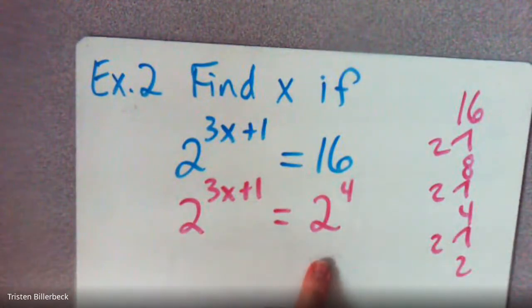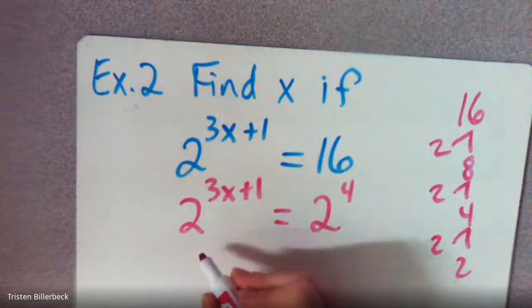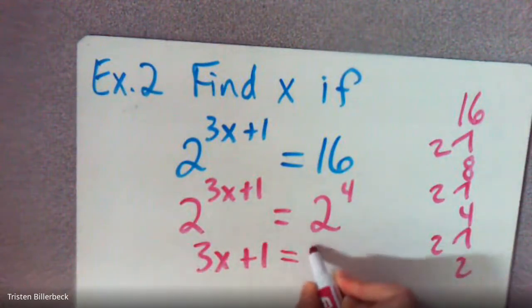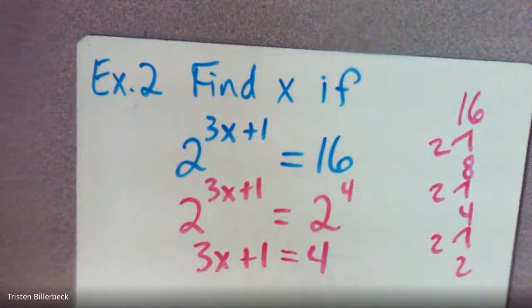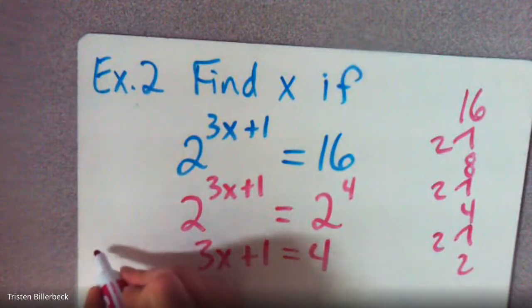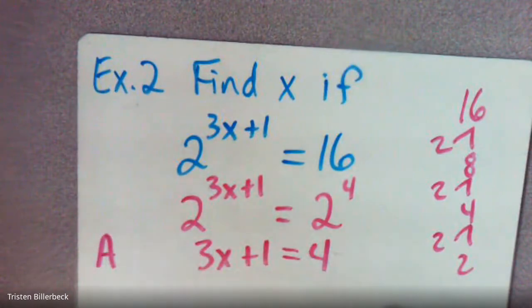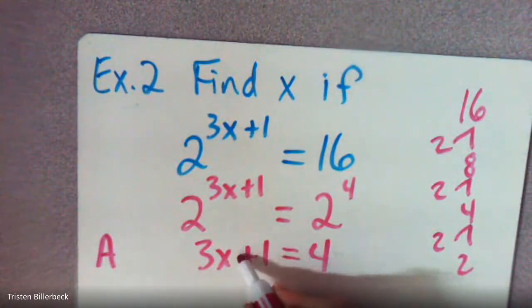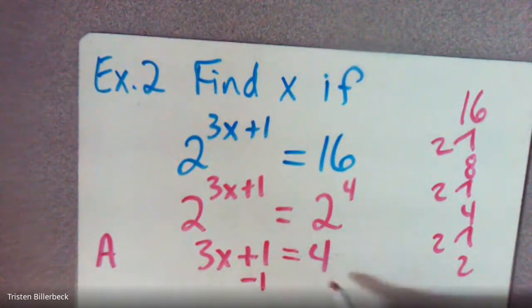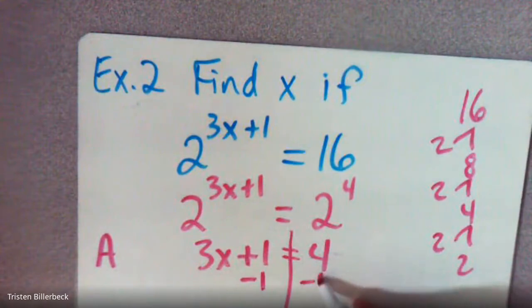So we have the same base, so now we can say 3x plus 1 equals 4, and then we start the solving process. So there's no simplifying, so the first thing we're going to do is an additive inverse. So the opposite of +1 is -1. If we do it on one side, we do it on the other.